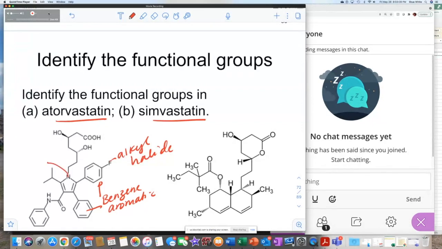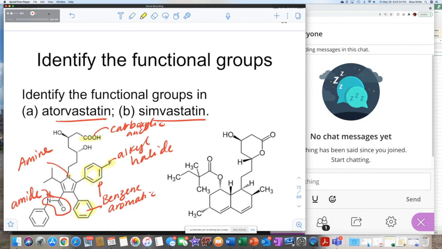I see an amine. I see an amide right there. I see your carboxylic acid right there.